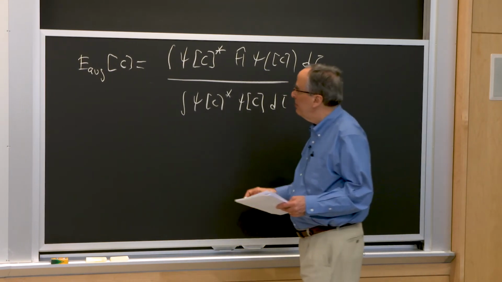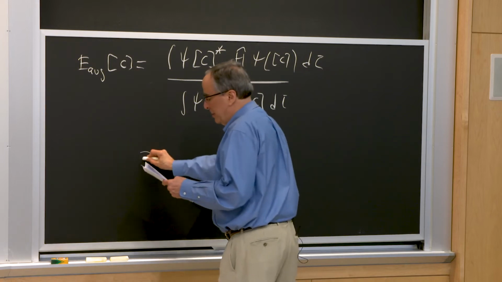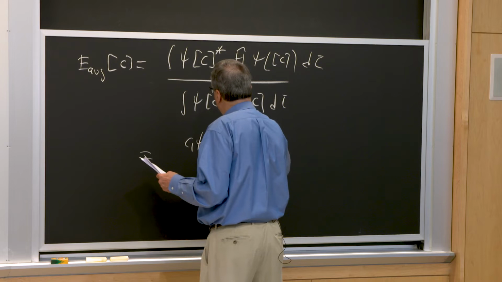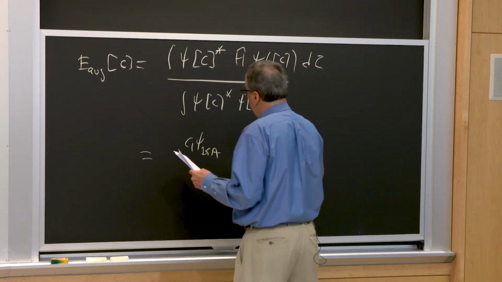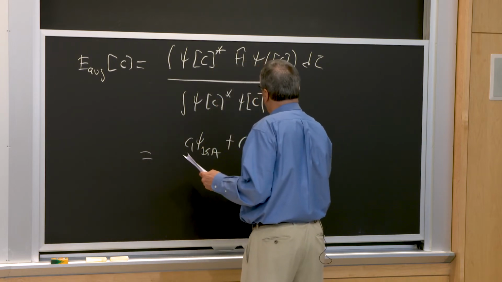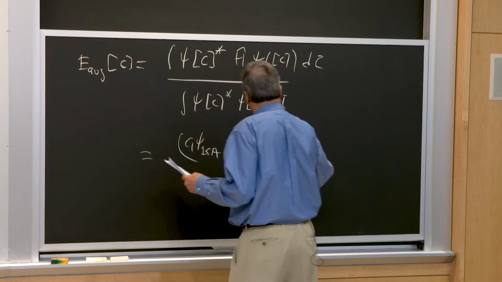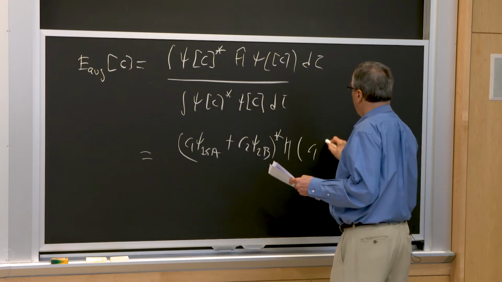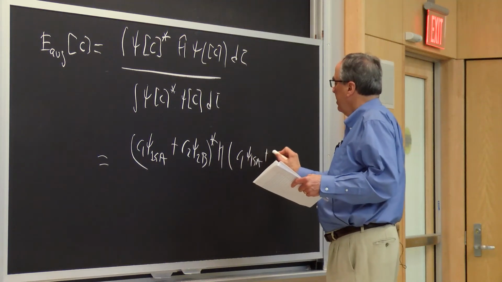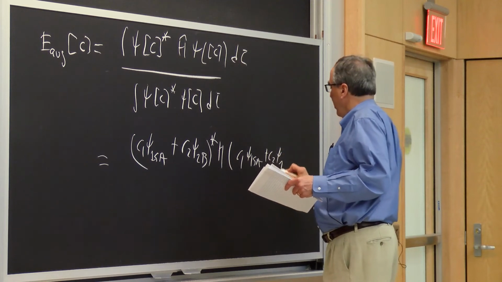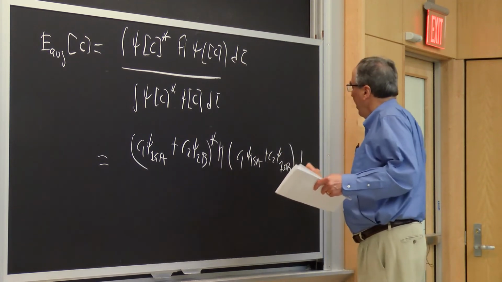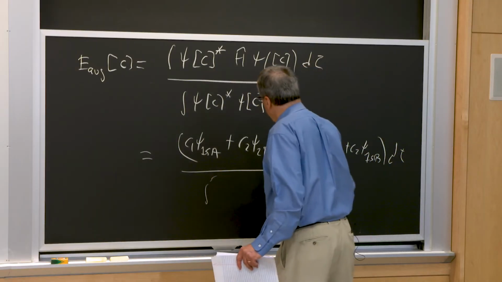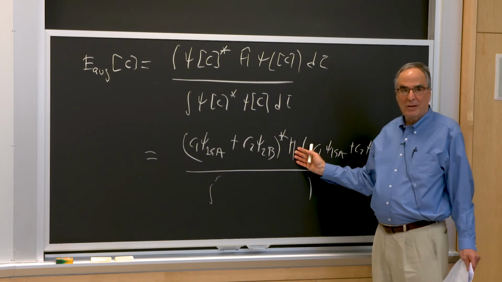Okay, so in the wave function picture, this thing becomes C1 1s A plus C2 1s B, whole thing conjugated, H, C1 1s A, C2 psi 1s B, d tau. And the same sort of thing down here, except no Hamiltonian.